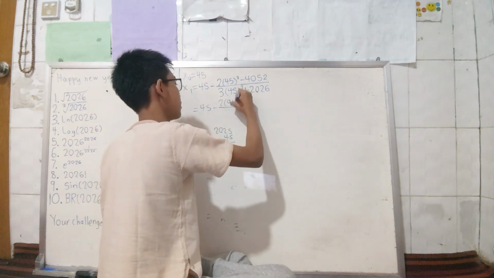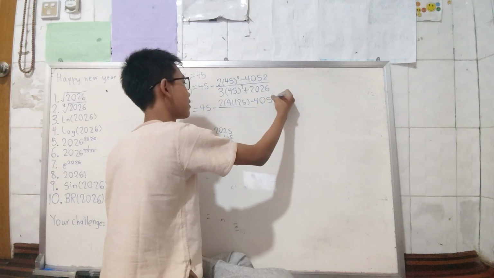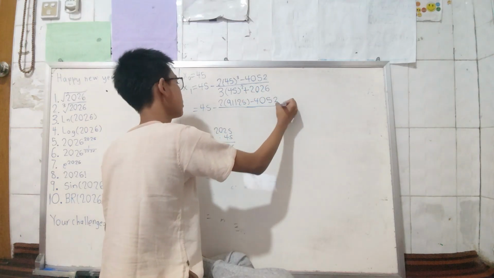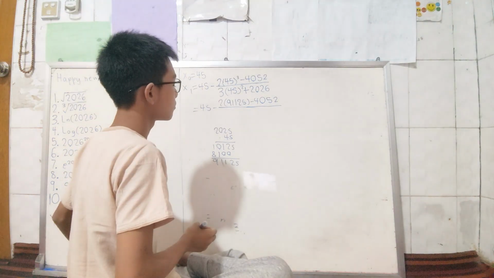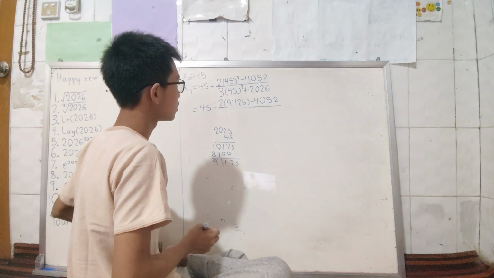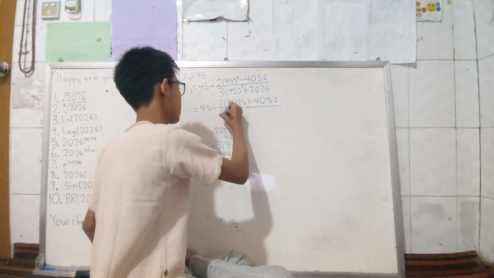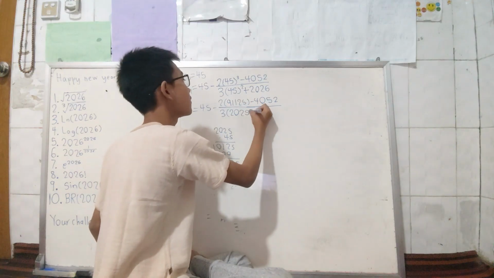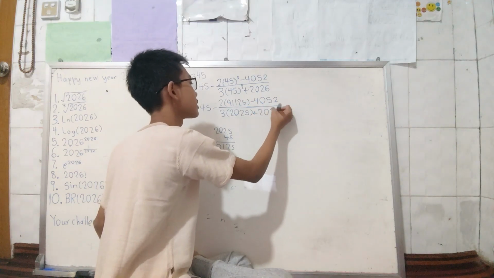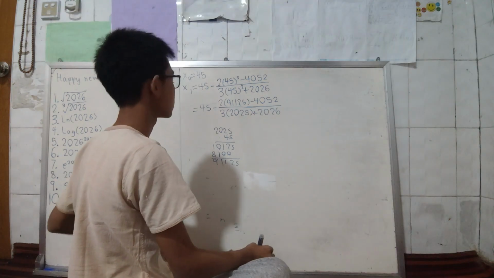So that's 91125 minus 4052. And then the denominator is going to be 3 times 2025 plus 2026. That's a bit large.